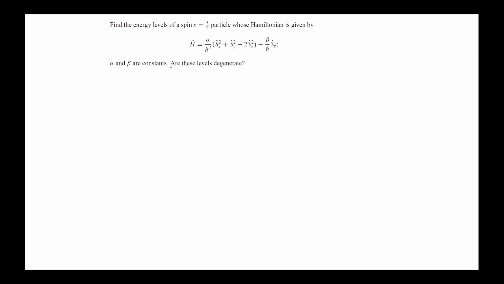Alpha and beta are constants. Are these levels degenerate? So can you try once to see whether these levels will be degenerate or not? It's a very simple question.